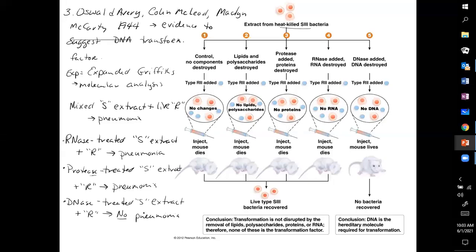The mice lived, suggesting that DNA was the transformative factor. Because when you got rid of DNA, you did not get transformation.